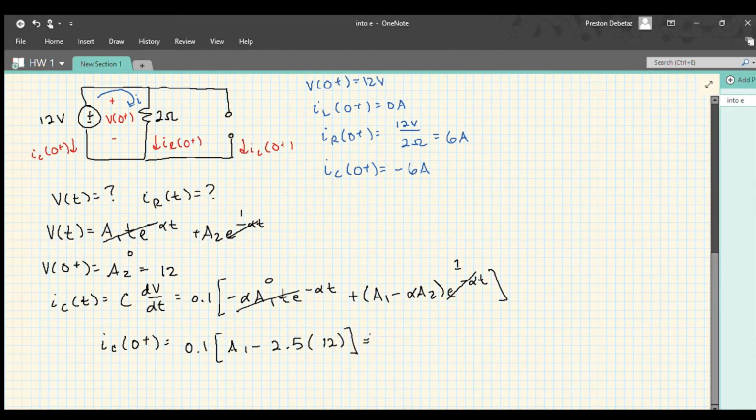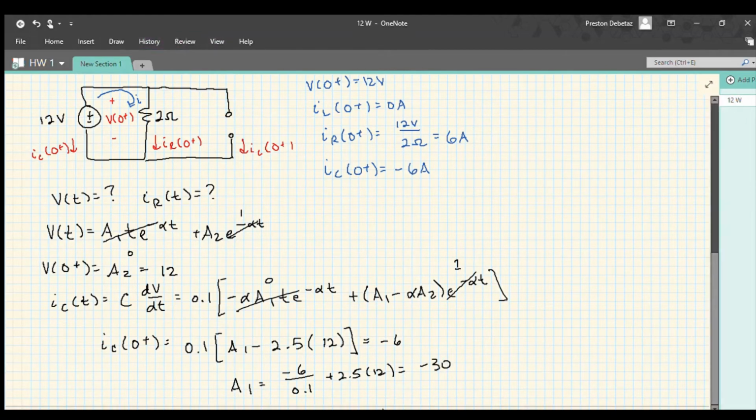And this equals IC, which is minus 6. Solving for A1, you get minus 6 over 0.1 plus 2.5 times 12, which equals minus 30.